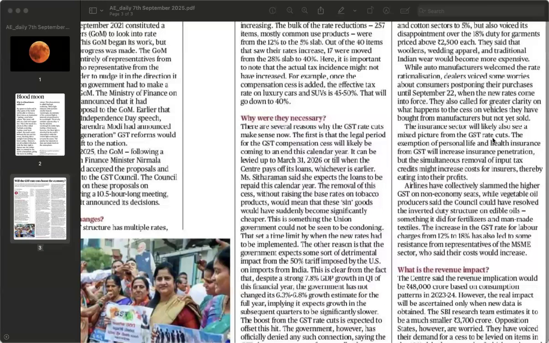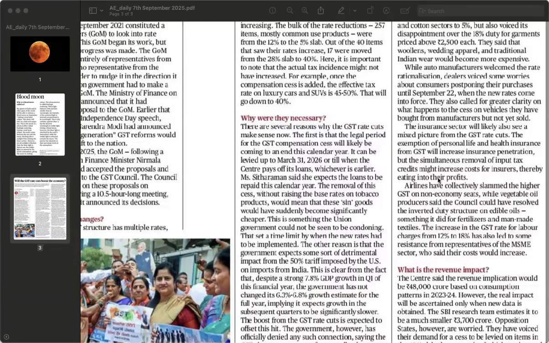Now, why it matters to you? See, these tax cuts may affect the prices of things you buy, our family budget, even the sectors of economy which are growing faster, right? So that is all about GST and rationalization of GST.